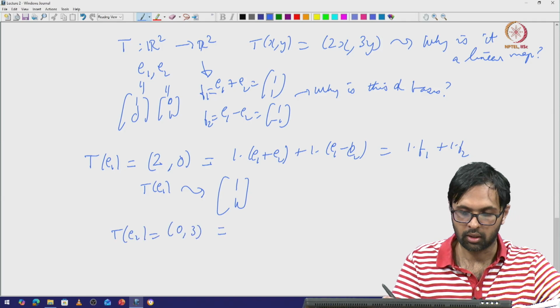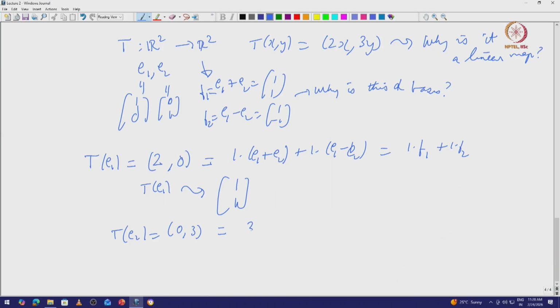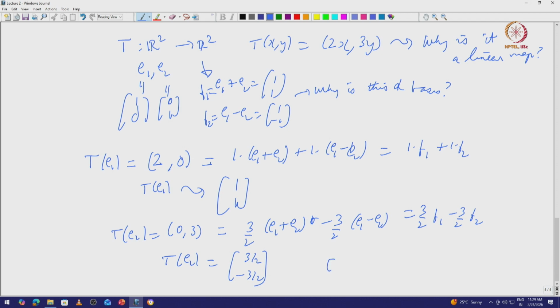This equals 3 divided by 2 times (E1 plus E2) plus minus 3 divided by 2 times (E1 minus E2), which is 3 divided by 2 times F1 minus 3 divided by 2 times F2. So this is the column 3/2, -3/2. The final matrix is simply putting these together. This is the matrix.